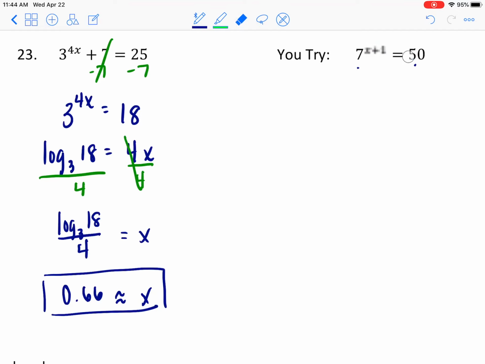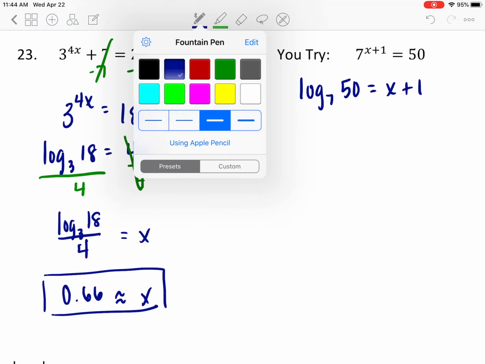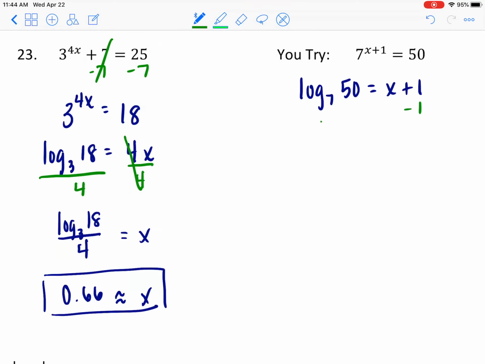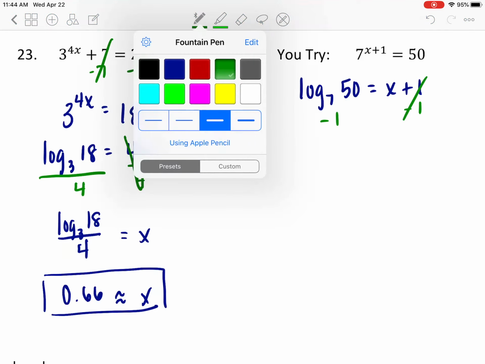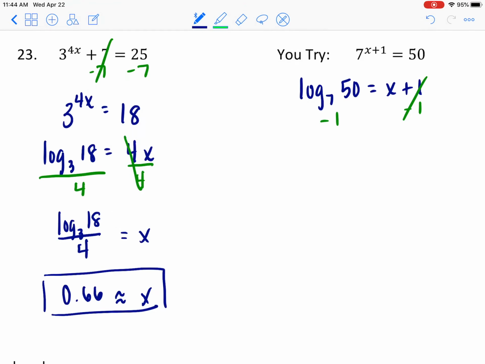Let's continue here. So this plus 1 is not like the plus 7 in the last problem. It's all in the exponent here. So I have a base, an exponent, I have the 50. This can go straight to log form. So I'm going to rewrite this as the log base 7 of 50 equal to x plus 1, which means if I want to solve for x, I'm going to have to subtract the 1 over. Now be careful, I can't just take the 1 from the 50 because the 50 is attached to the log.